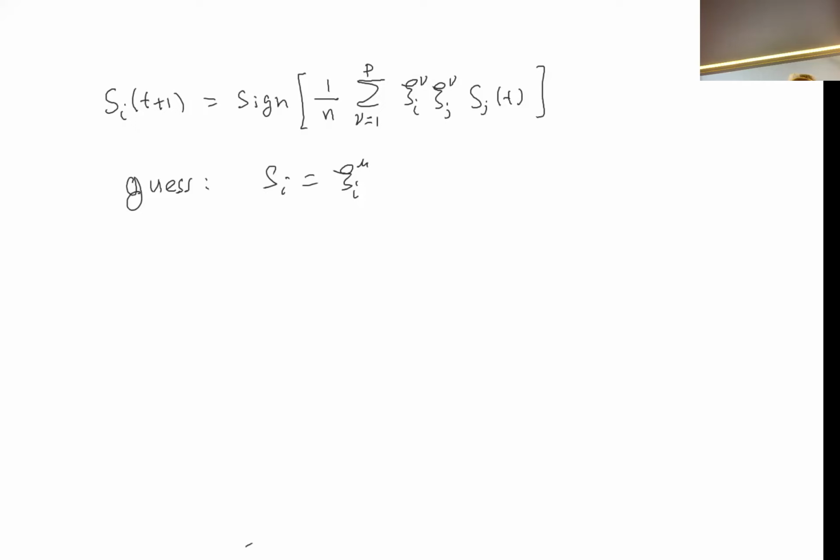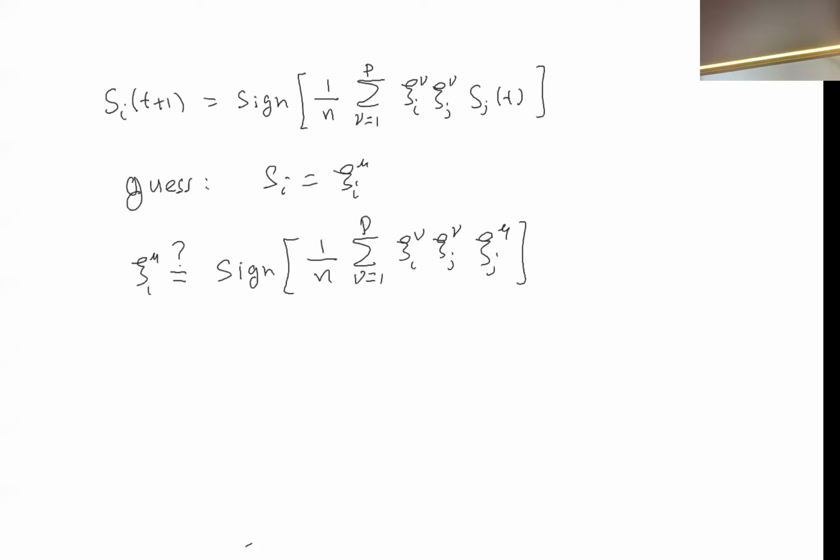So we're going to write squiggle I mu equals, and we'll put a question mark here because we don't know if this is really going to happen, sine of 1 over n, the sum nu equals 1 to p of squiggle I nu, squiggle j nu, squiggle j mu. Okay, so we basically replace si by squiggle I mu and sj by squiggle j mu.